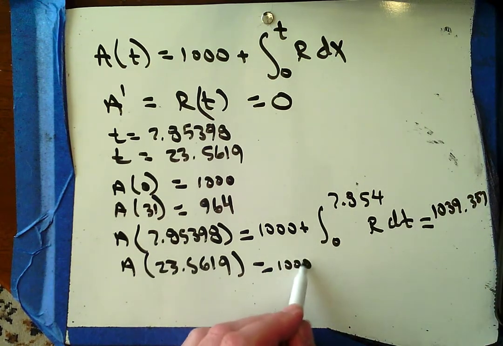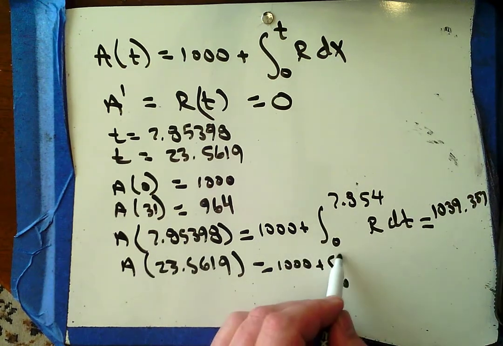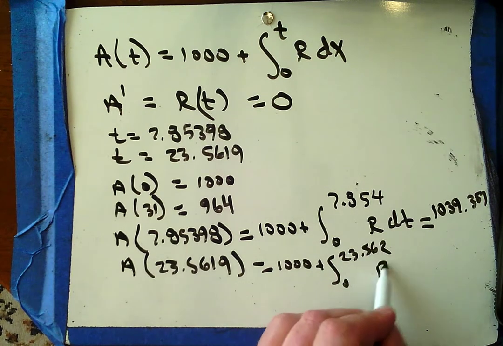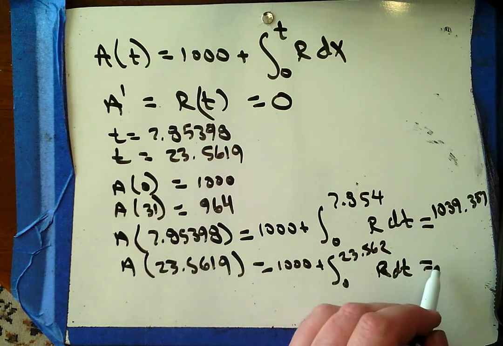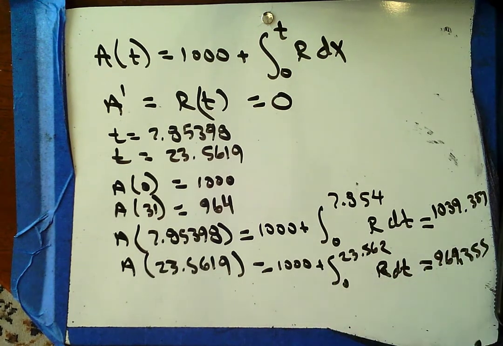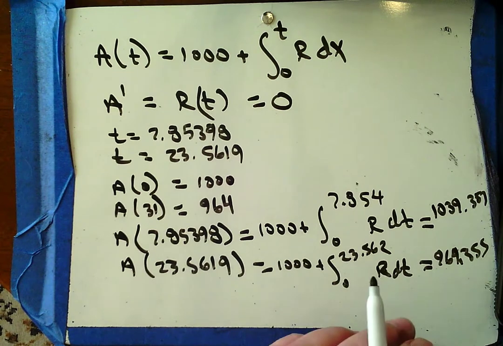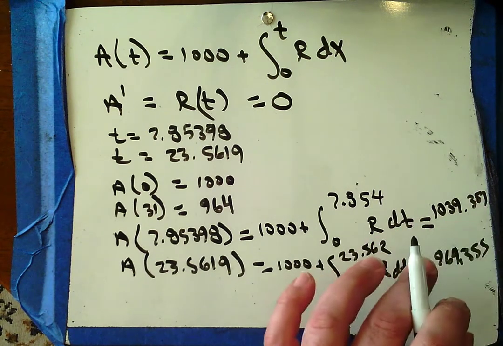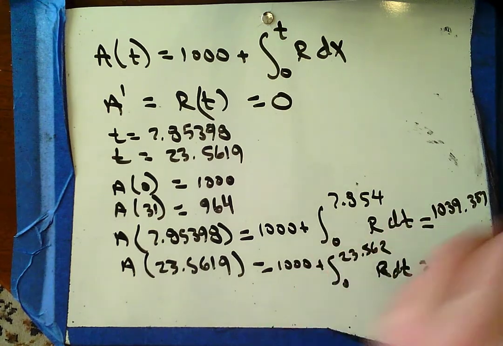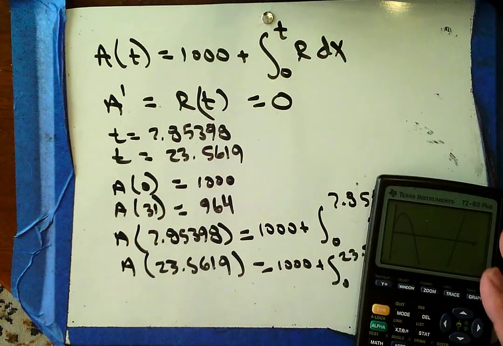And here, 1,000 plus the integral 0 to 23.562 of r dt. I ended up with 964.355. Oh, sorry. Didn't compute that because it was wrong. I can compute it now.